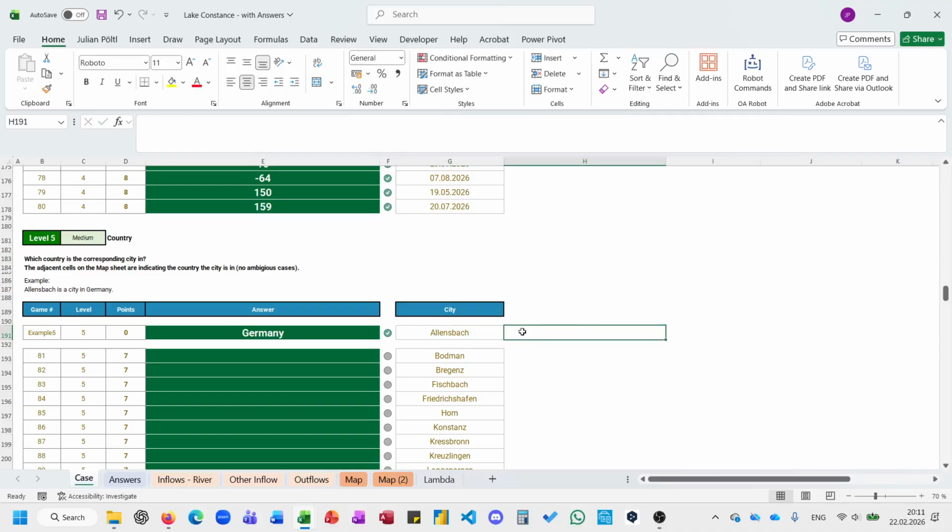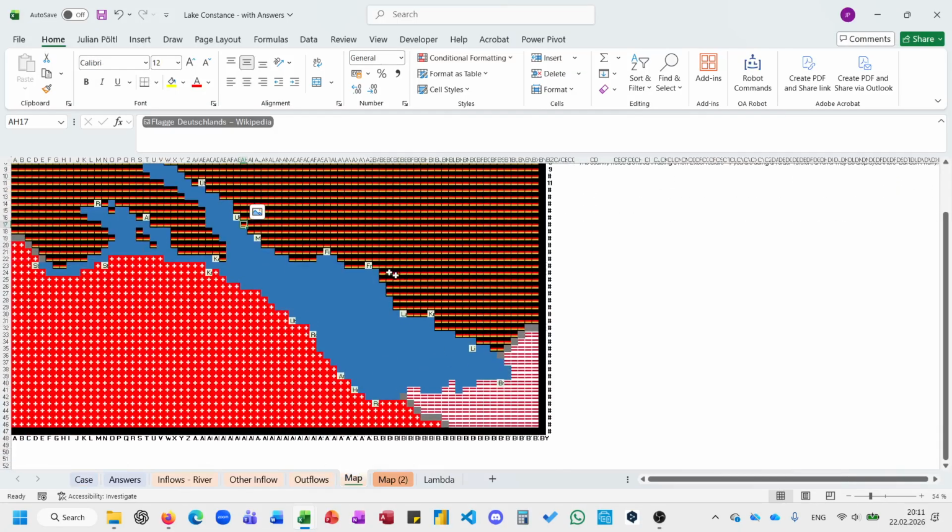And what I would do in a normal way, in a non-lambda way, is flattening the map, enter addresses, and then searching for those addresses, and then basically give out the area around those cells with a split of the address into row and column, and then add row and column together, and so on.